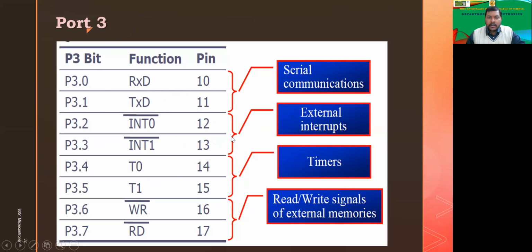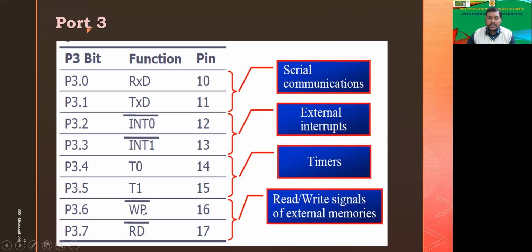Then we have external interrupts, that is interrupt 0 and interrupt 1, that is P3.2 and P3.3, pin number 12 and 13. Then we have P3.4 and P3.5, that is T0 and T1, those are the timers, right? And then P3.6 and P3.7 are used for write bar and read bar.